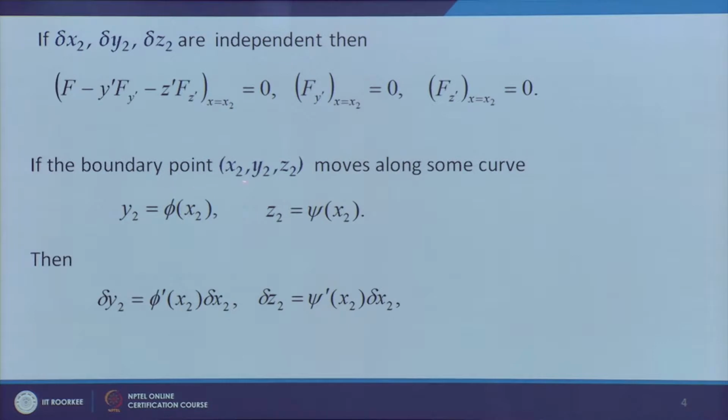Now, if the boundary point (x2, y2, z2) moves along some curve, and the equations of the curve are y2 = φ(x2), z2 = ψ(x2), then from y2 = φ(x2) we have δy2 = φ'(x2) δx2, and z2 = ψ(x2) gives δz2 = ψ'(x2) δx2.